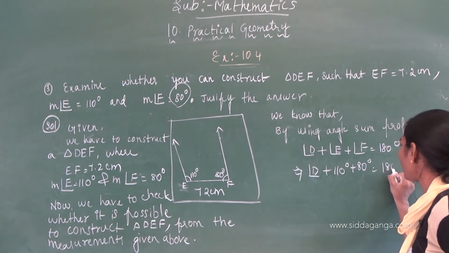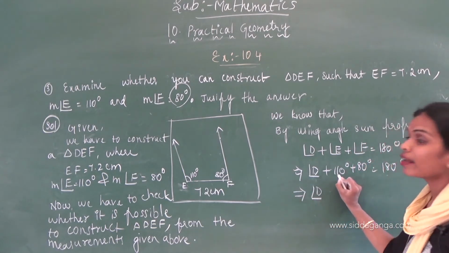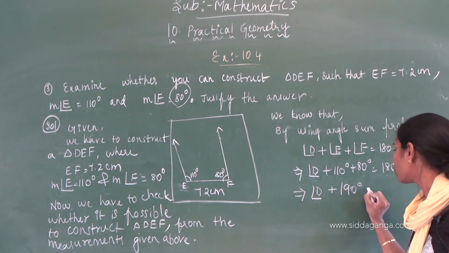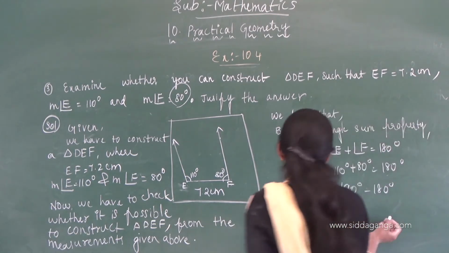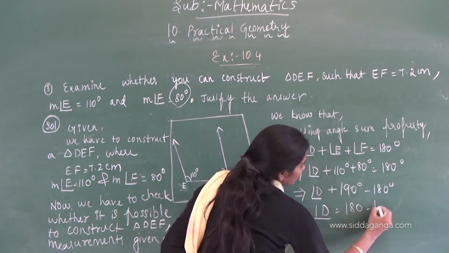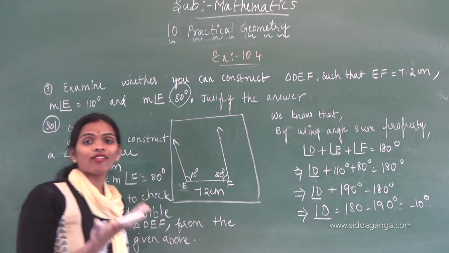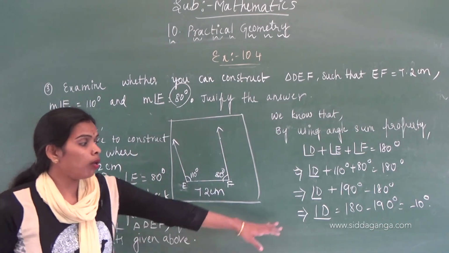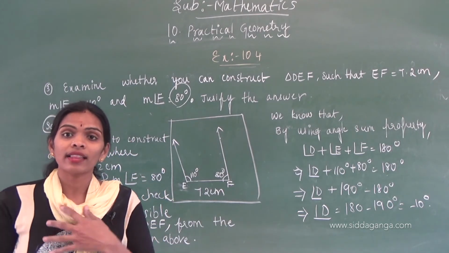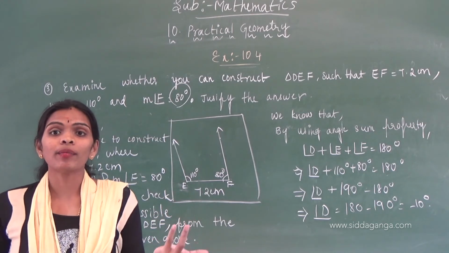That implies 180 degrees equals angle D plus 110 plus 80, 190. That implies angle D equals 180 minus 190, that is equal to minus 10 degrees. What is the measure of angle D we are getting here? Minus 10 degrees. That is not possible. We can't construct an angle with minus 10 degrees.